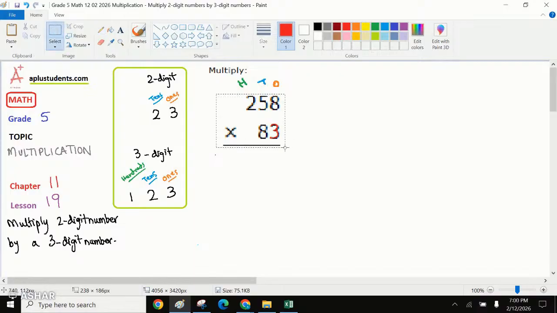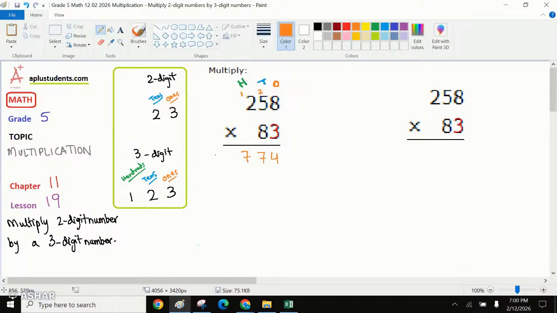I'll just make a copy over here. 3 multiplied by 8 is 24. We put down the 4 over here and carry the 2. 3 multiplied by 5 is 15, plus 2 is 17, and we carry 1. 3 multiplied by 2 is 6, plus 1 is 7, right?